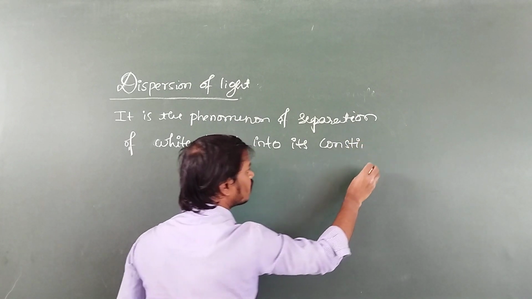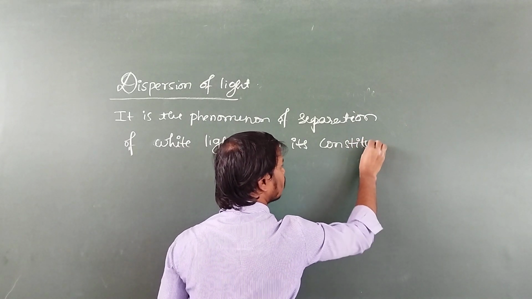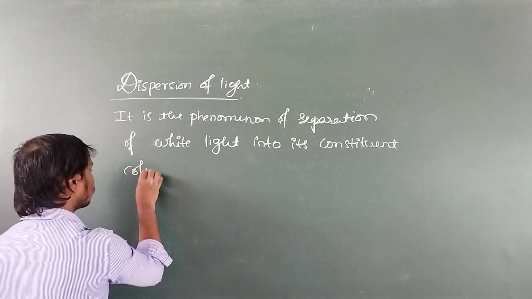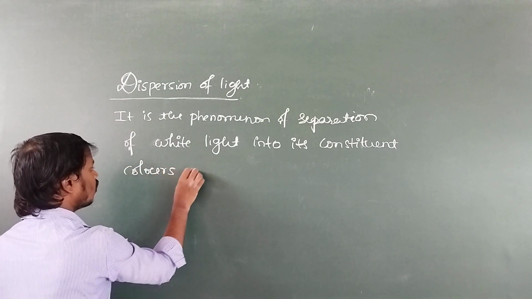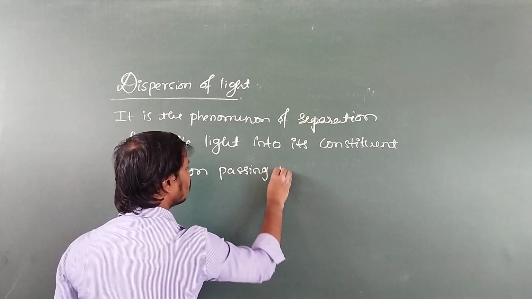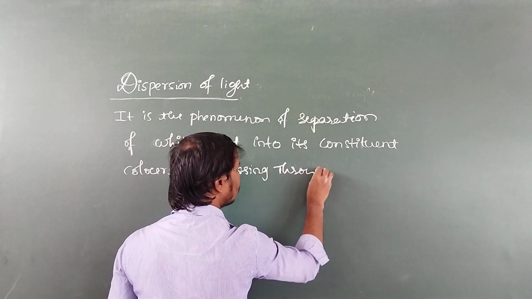What are the constituent colors of white light? VIBGYOR, 7 colors are there. Into its constituent colors on passing through a dispersive medium.